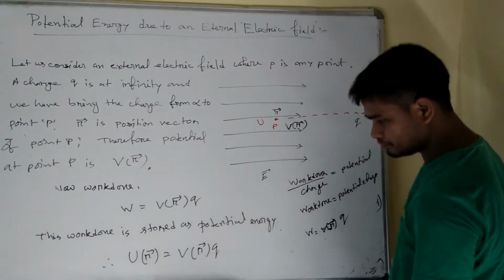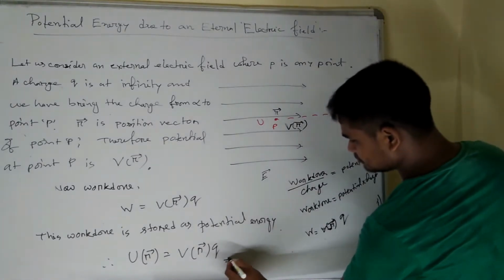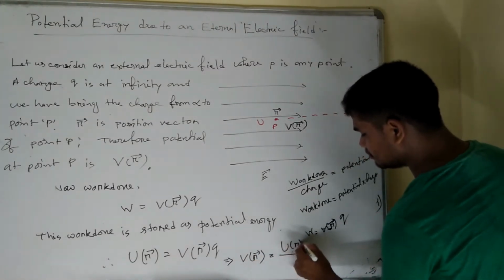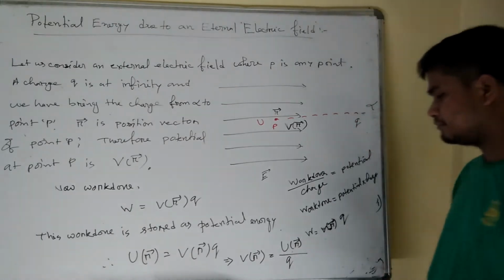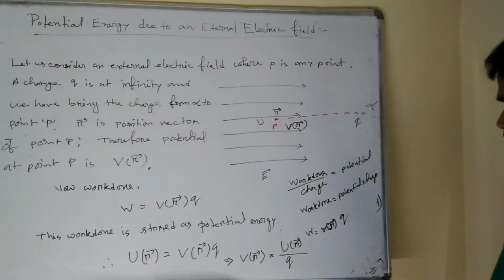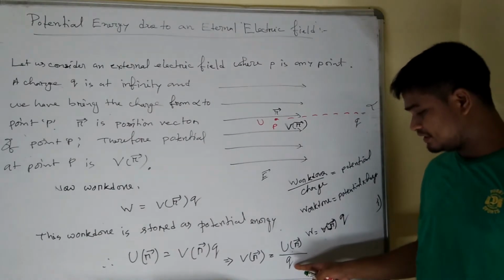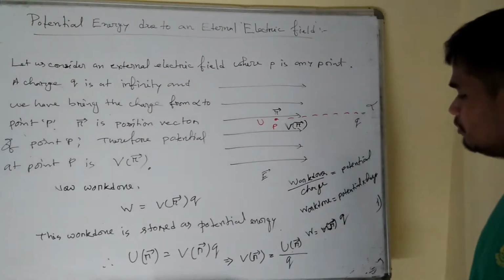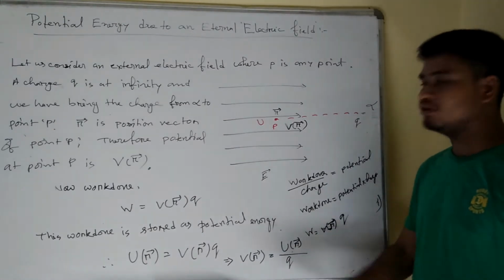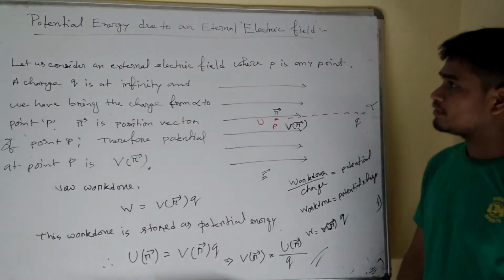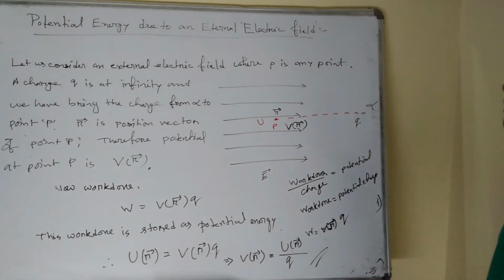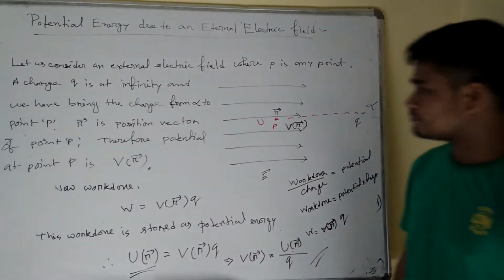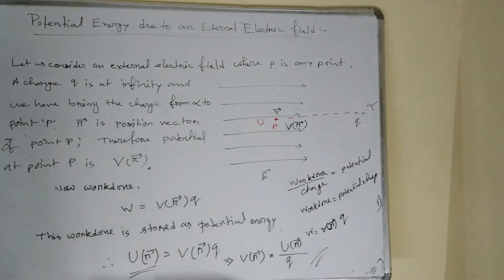So V(R) is equal to U(R) by Q. For unit charge, that is Q equal to 1 coulomb, V(R) is equal to U(R), that is, potential is equal to potential energy when Q is 1. Clear? This is the potential energy due to an external electric field. Fine.